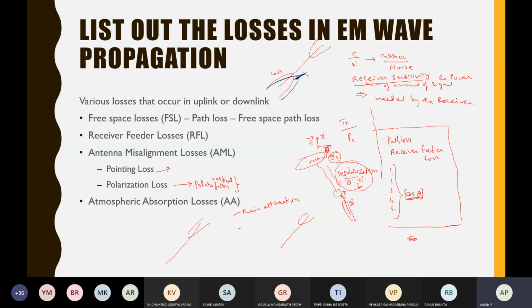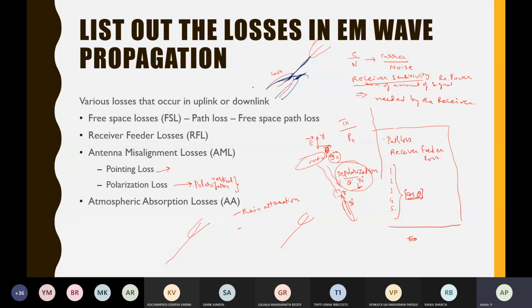So then what happens is the satellite does not change its direction because it is fixed. And so you are facing towards some other direction instead of pointing it towards the satellite antenna. The earth station antenna's main beam is pointed towards something else. So if it is pointed to something else, then the actual place where this is being received will be at a lower power level.